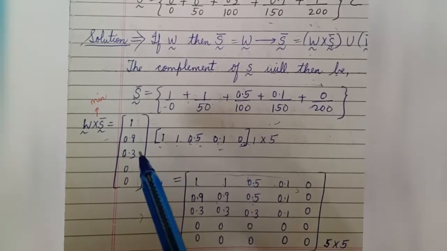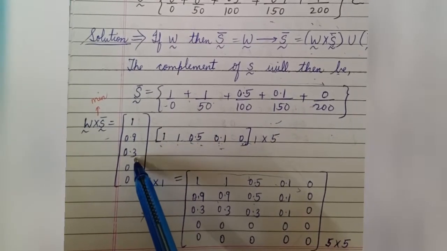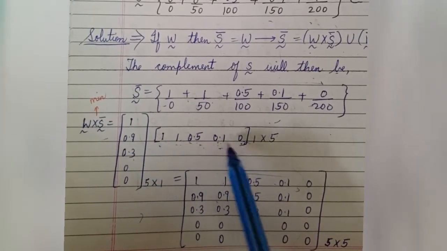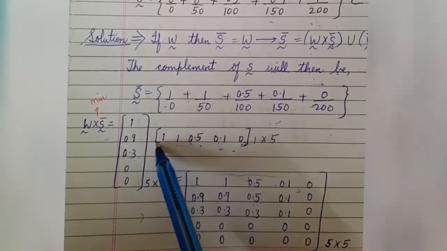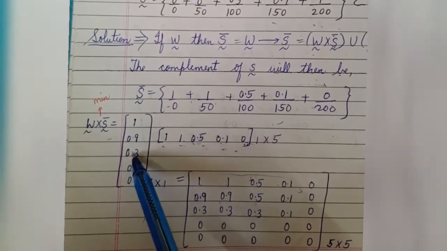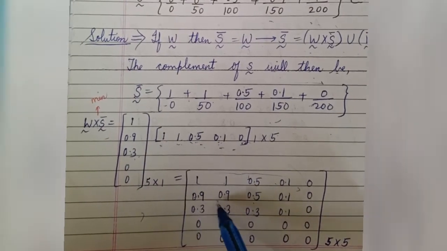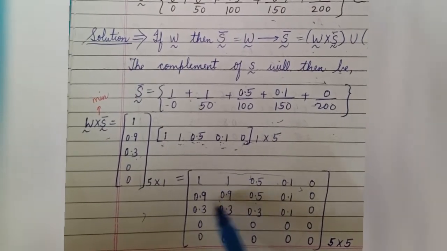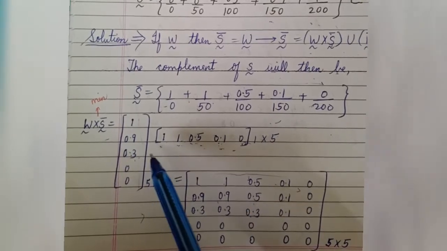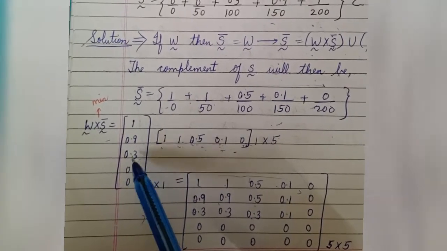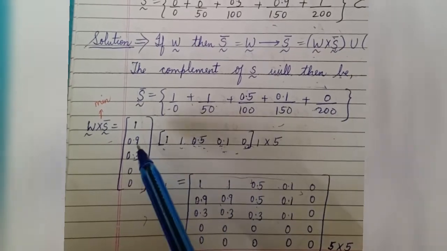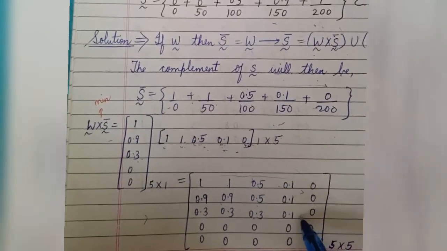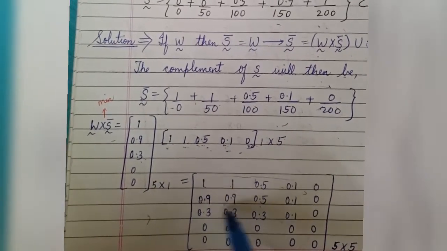For the third row, select the third element, 0.3, and compare it with all these elements. After comparing 0.3 with the first three elements, 1, 1, 0.5, the minimum is 0.3. Write 0.3, 0.3 and 0.3 in the first three places. For the rest, 0.3 compared with 0.1, minimum is 0.1. 0.3 compared with 0 is 0. This is the third row.